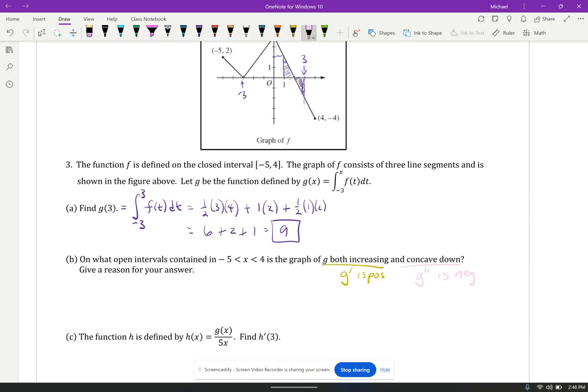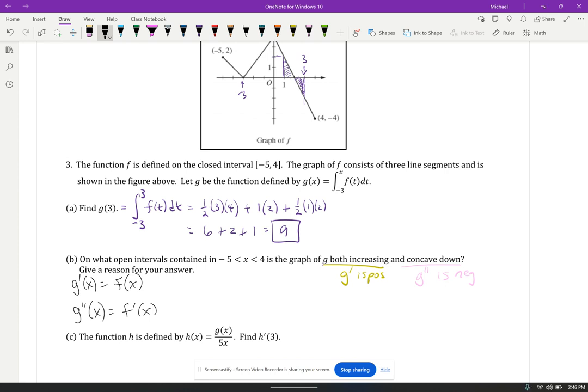So I'm going to have to take the derivative of g twice. Well, g prime is going to be easy because when I take the derivative of this integral, I'm just going to be left with f of x. And when I take the derivative of that, I'm going to be left with f prime of x. I'm supposed to multiply by the derivative of the inside, but that'd be times 1, so I'm not showing that.